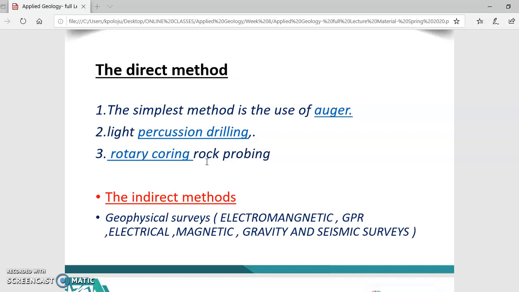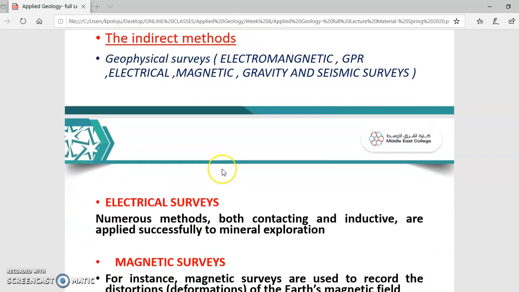In the indirect method, there are geophysical surveys: electromagnetic, GPR, electrical surveys, magnetic surveys, gravity surveys, and seismic surveys. So these are indirect methods in which there is no need for direct contact with the ground.